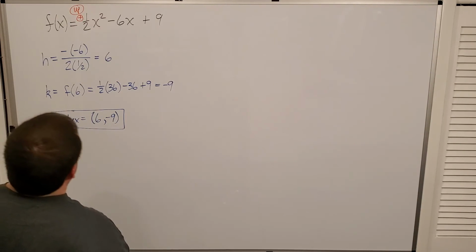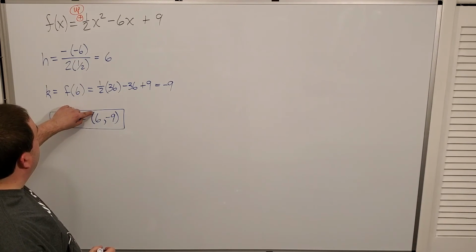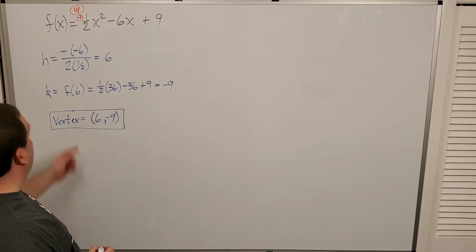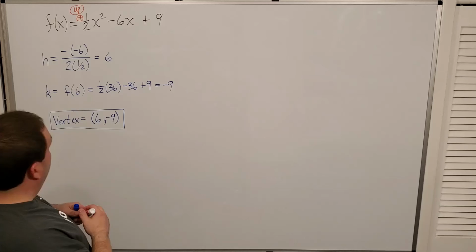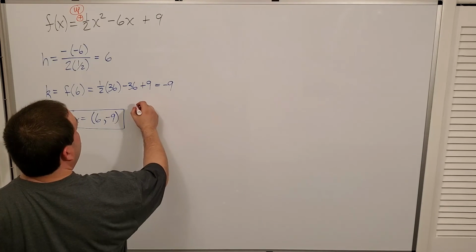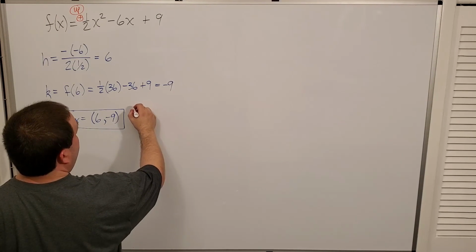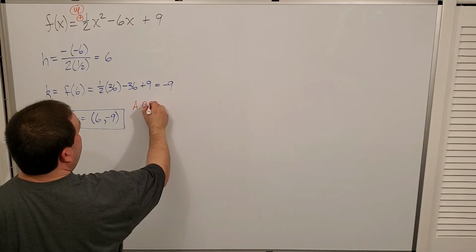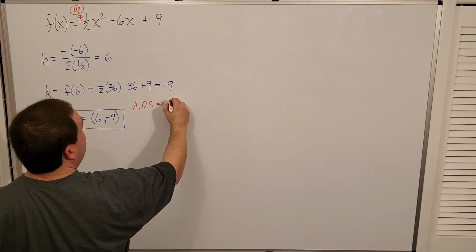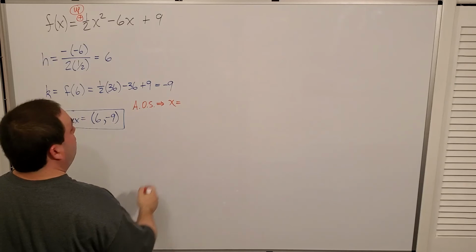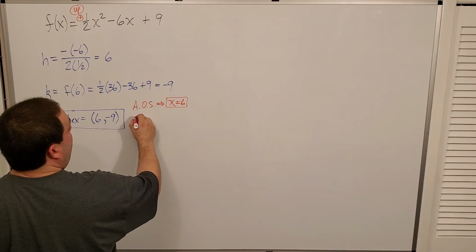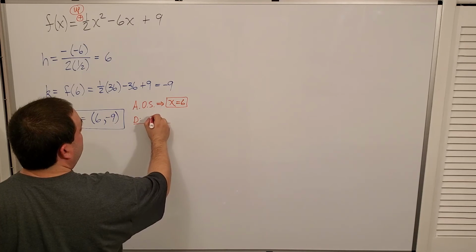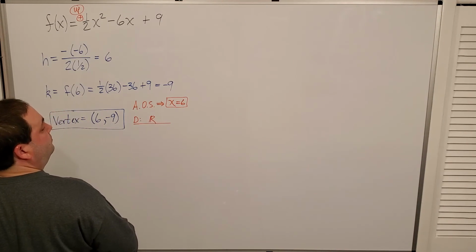Alrighty. Next, I can get a lot of the other important info from here, right? My domain and range and axis of symmetry. My axis of symmetry is going to be x is equal to 6. My domain, as usual, all real numbers.